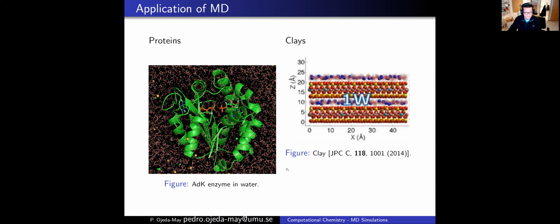In the case of adenylate kinase enzyme, we also have experts at Umeå University, for instance, Magnus Andersson or Magnus Bolpatz, who also works in chemistry. We have also other people working in molecular dynamics at Umeå University.